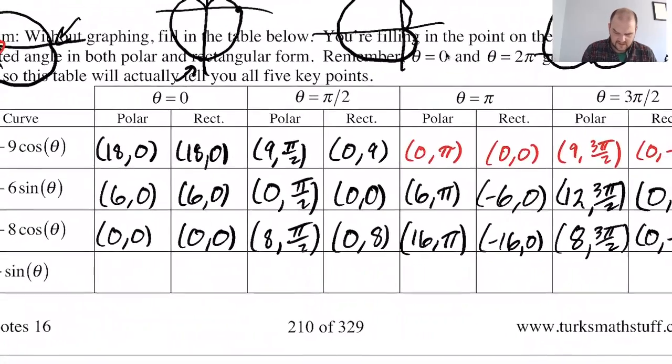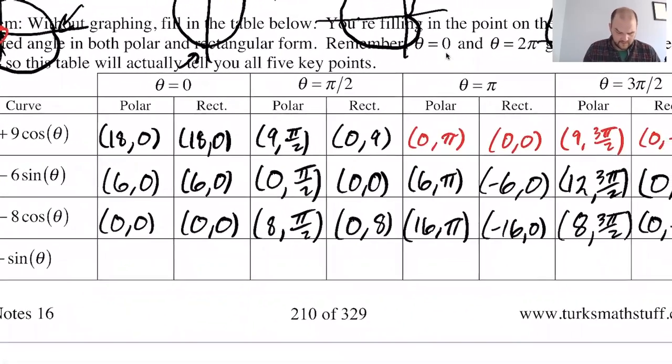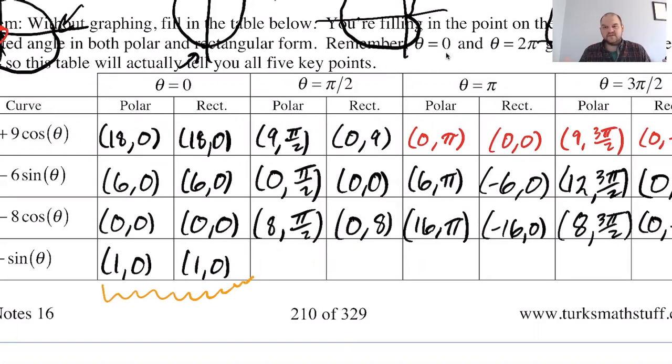When theta is 0, I am 1 away. So it's 1, 0. And then that's still 1, 0. You might notice these are always going to be the same, because if you're on the positive x-axis when theta is equal to 0, you're just going to get the point in polar and rectangular.